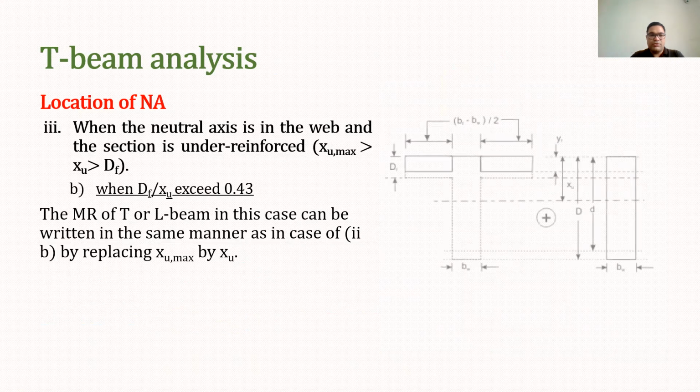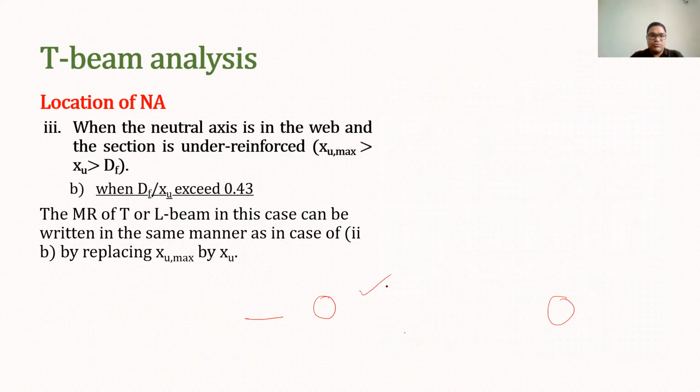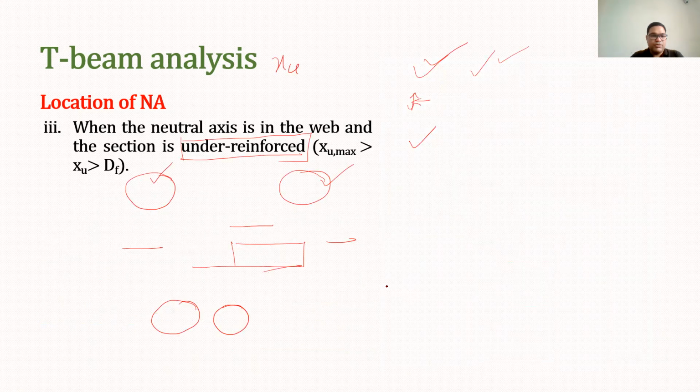So again, now I will show you the formula. Yes. The same formula that we have used in case 2B will be used here also, simply by replacing the value of Xu max by Xu. Also, in calculating the value of yf, I will show you the yf value first.